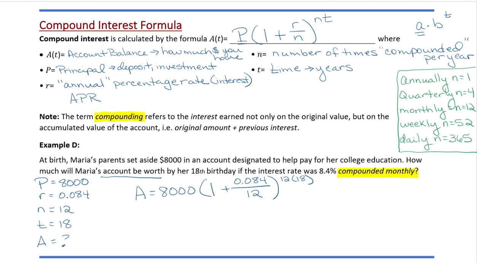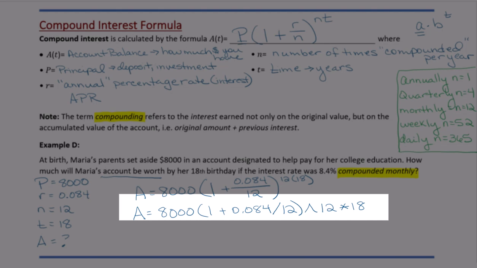Now, if you're putting this in a calculator, be careful. You would type in 8,000, parentheses, 1 plus 0.084 divided by 12, close parenthesis. Too many people put the exponent or the hat, and then they would do maybe 12 times with an asterisk and then 18, and you'll get the answer wrong.